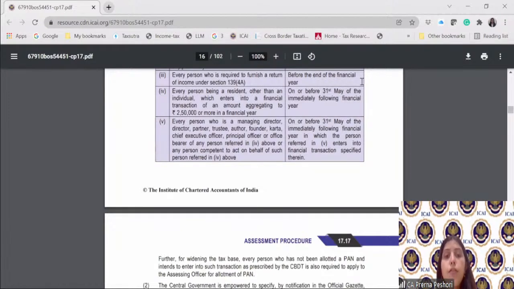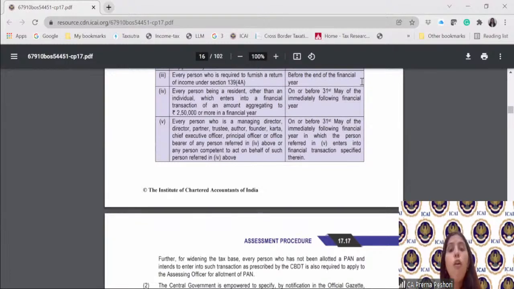Okay. Now, if you do not obtain PAN, then there is going to be, of course, the penalty implications. So, if you fail to comply with the provisions of 139A, which is PAN, then there is penalty under section 272B, which is 10,000. Or if you have obtained the PAN, but you have failed to quote PAN or Aadhaar in any documents where it is required to be quoted, or if you have failed to intimate the PAN, then 10,000 is the penalty.